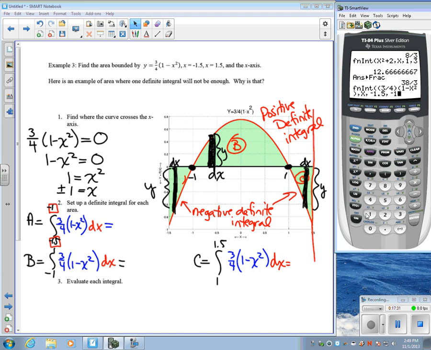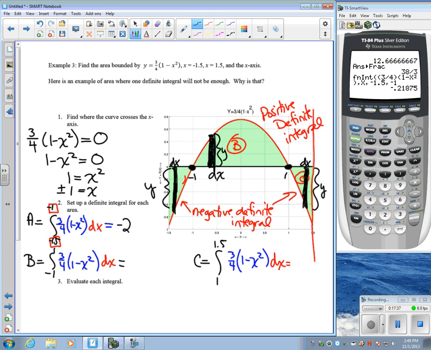So this should give me the definite integral for region A, and this is -0.1875.